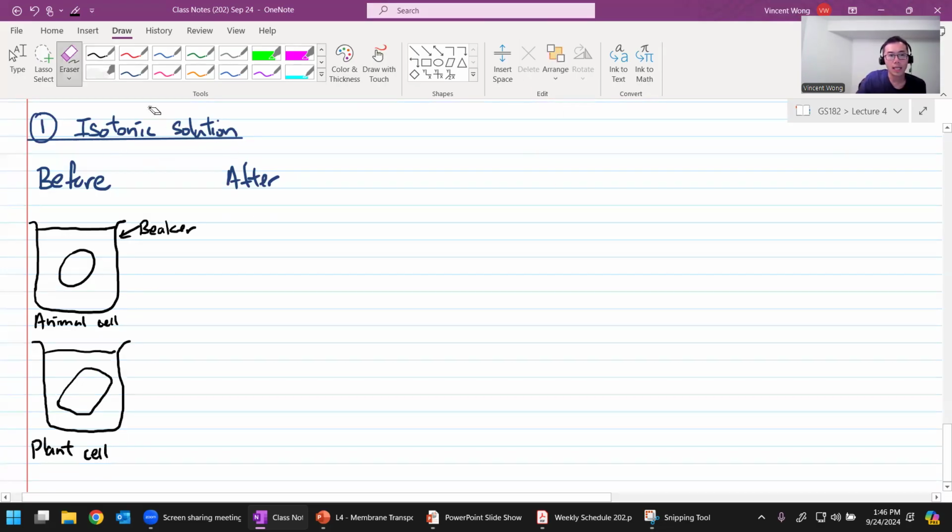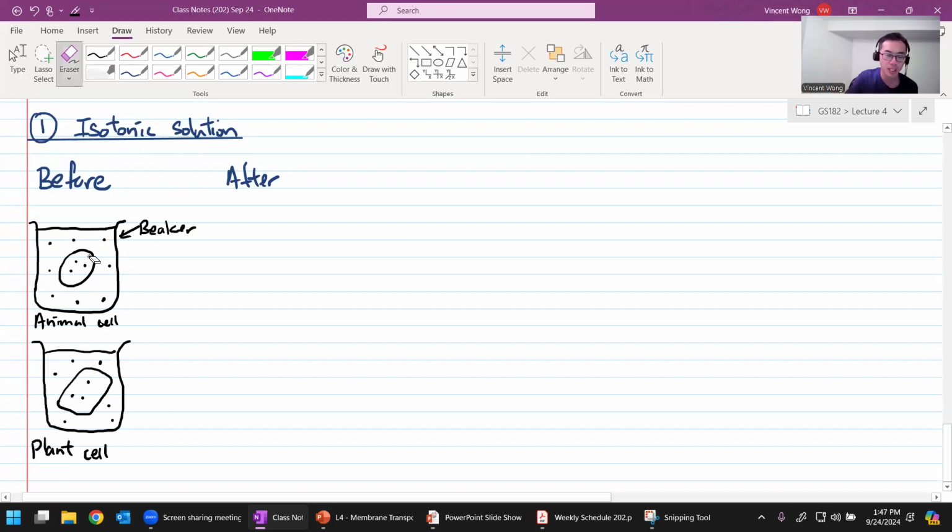So what is an isotonic solution? A solution is isotonic if the concentration of the solute is the same inside and outside, basically. Now we're not counting the number of dots here, because the outside has more volume, so you would expect to have more dots. But if you calculate the concentration, it will be the same.